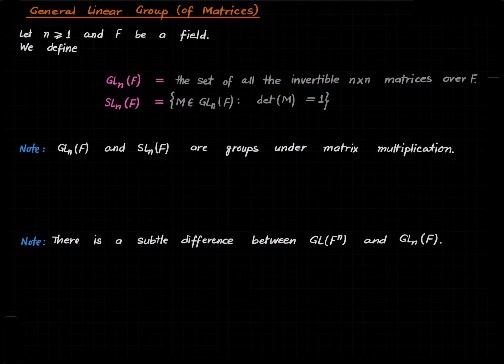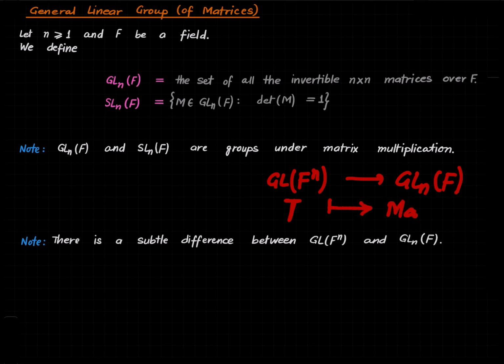But for now, from GL(V) to GL_n(F), there is a very nice and natural map which takes an invertible endomorphism as input, and outputs its matrix with respect to the standard basis. So when I write mat T, I mean the matrix of T with respect to the standard basis. Coordinate spaces have a standard basis, right? So let me not repeat all of that.